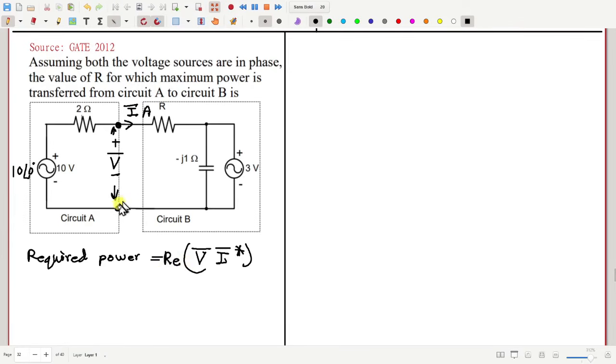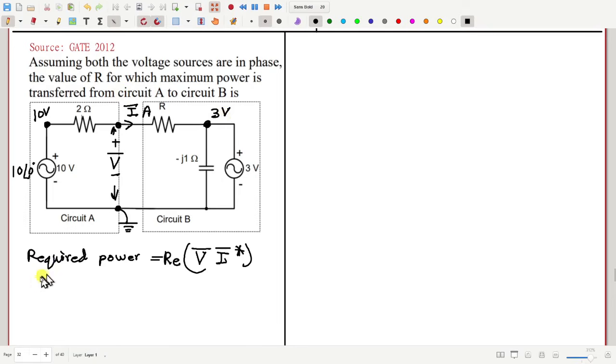Now suppose if I consider this point as the reference point, 0 volt, then this point is at 10 volt. This point is at 3 volt.